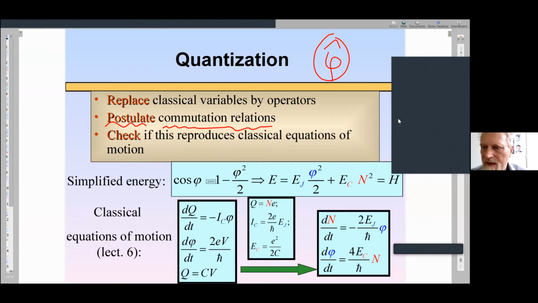The question of Valentin: do you know a less phenomenological and more rigorous procedure of quantization for this system?